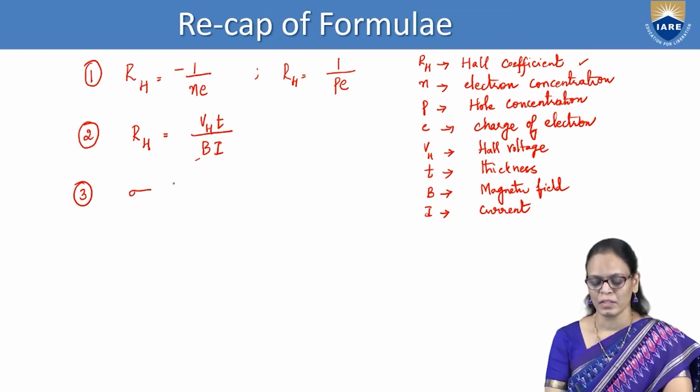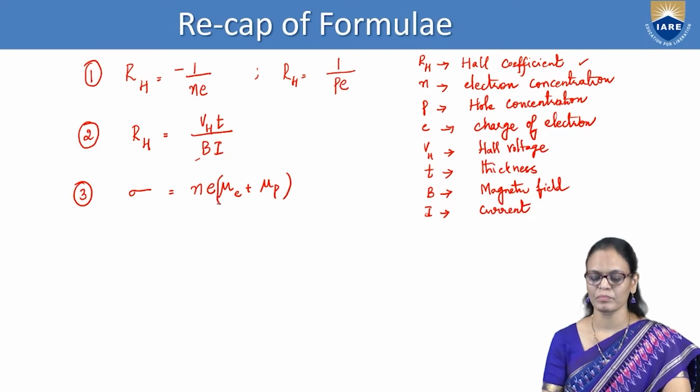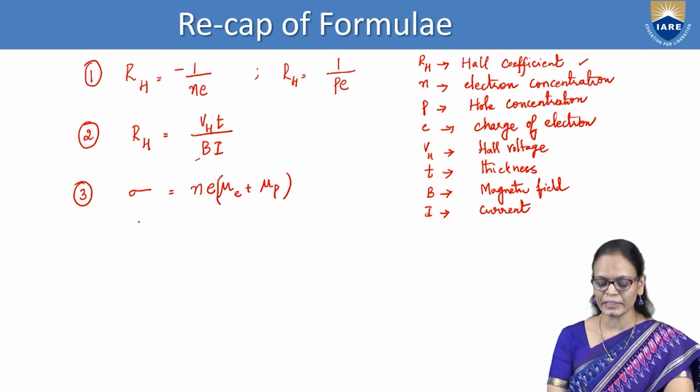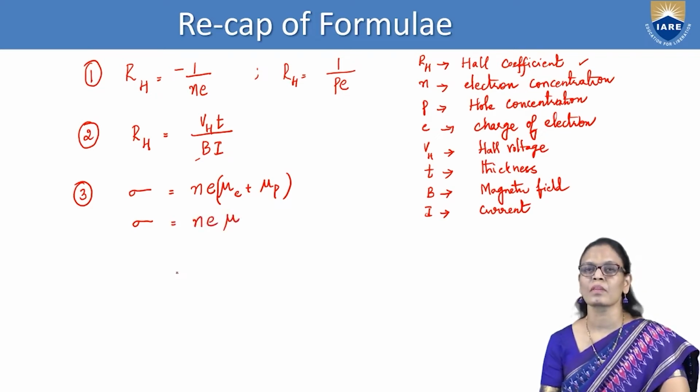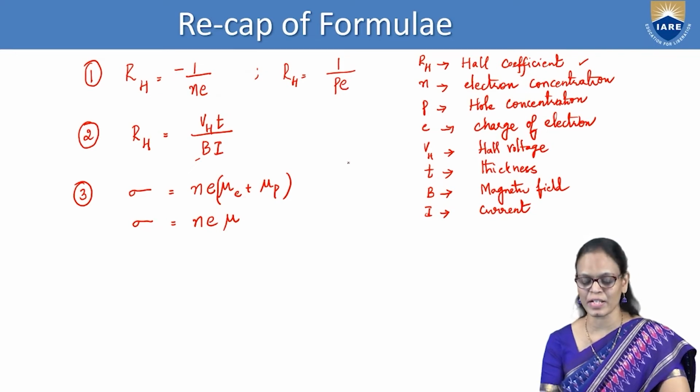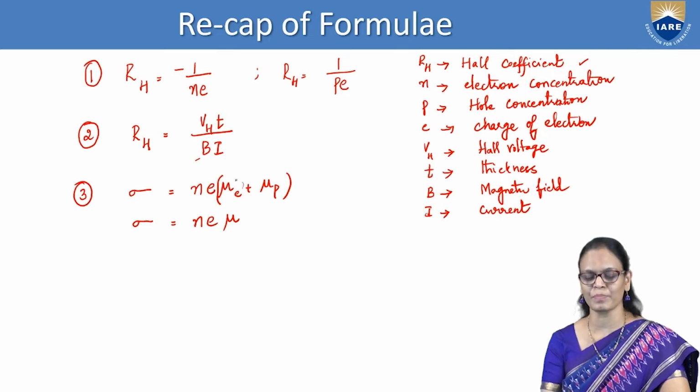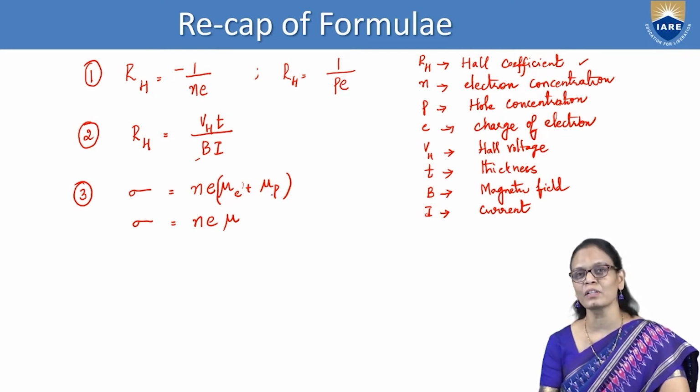Sigma is the conductivity. Sigma is equal to Ne into mu E plus mu P. If we are writing a general expression for sigma, we write Ne mu. But here in a semiconductor, it is due to electrons as well as holes. Of course, if it is an N-type, the electrons are the majority carriers. But we are considering the mobility of the electrons as well as the mobility of the holes.